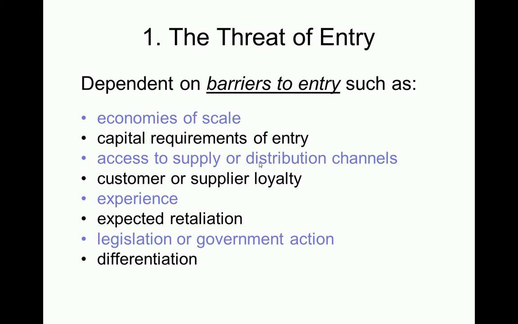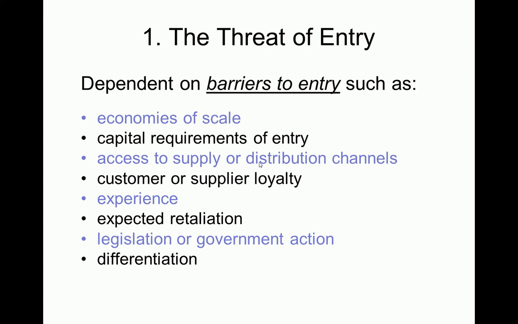In some industries, existing firms may have preferential terms or access to supply or distribution channels. If a new entrant can't break into those channels, then it's difficult for them to enter, so the threat of entry is low.